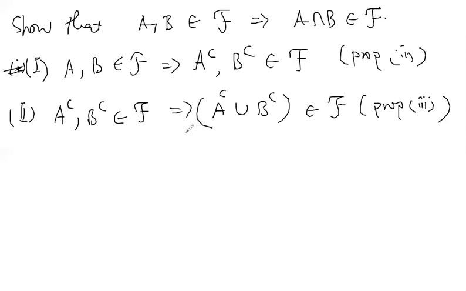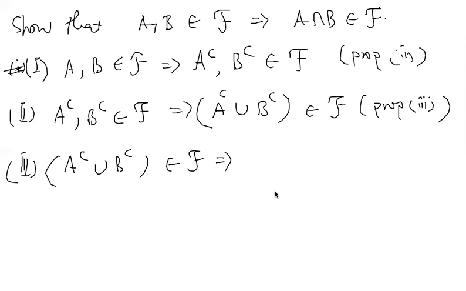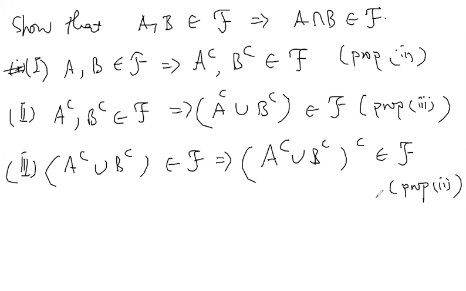And then, since this is in F, it implies that its complement is also in F. This is property 2. So you cycle through application of properties 2 and 3.